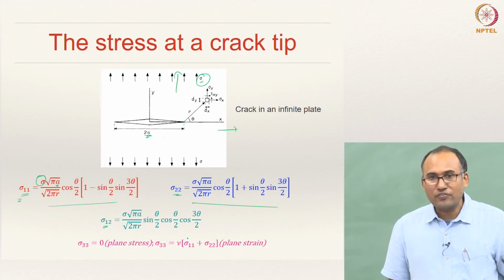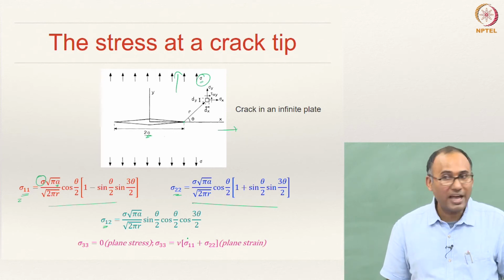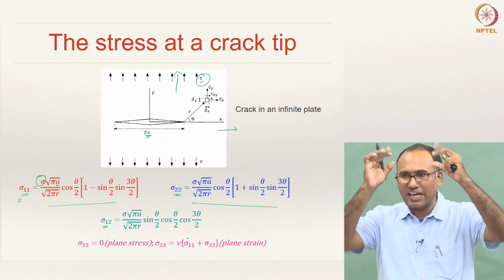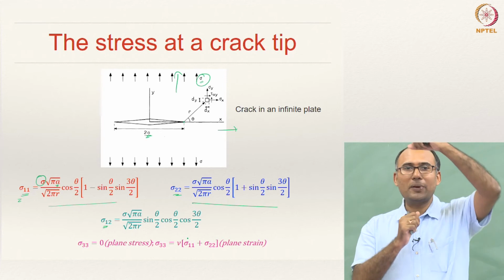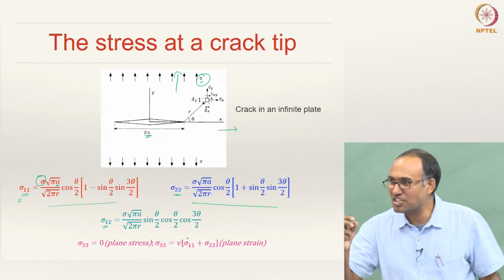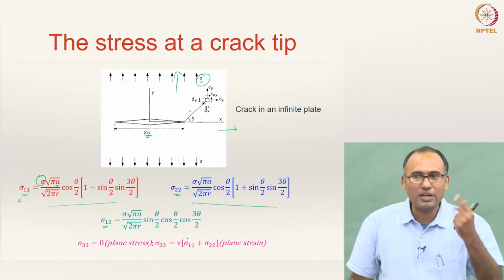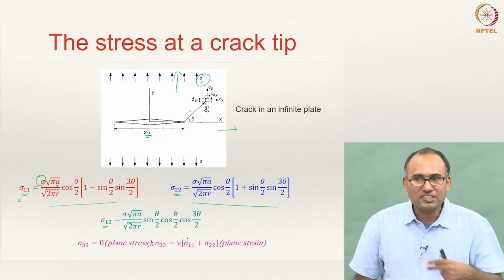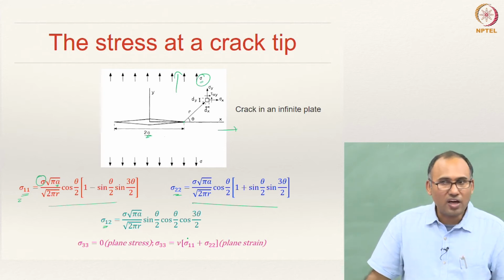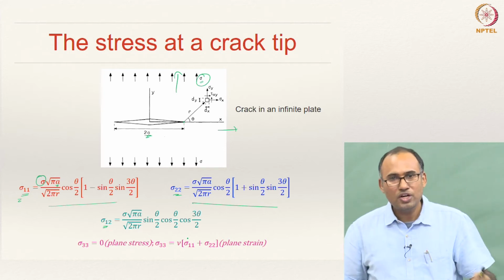So you would predict infinite stresses ahead of the crack tip. If you are predicting infinite stresses ahead of the crack tip, as we have discussed in the previous class, if you take a material, if you already have a crack, you really don't need to apply a far field stress. You just blow, then it should break apart, because the stresses are going to be infinite just by a mere blowing. But that is not what is going to happen in real materials. That is because real materials are not going to have sharp cracks.